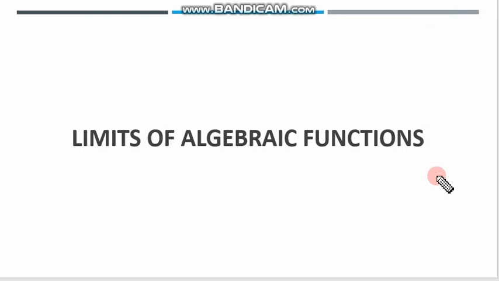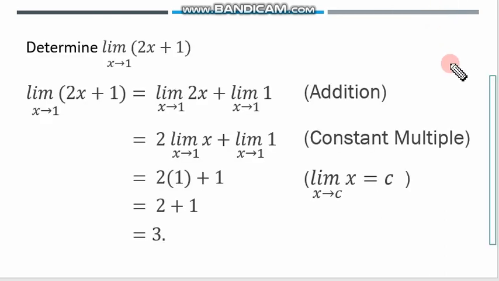Okay, so let's apply limit theorem number 1 to our limits of algebraic functions. For example, the limit of 2x plus 1 as x approaches 1. Using theorem number 1, the addition or subtraction theorem, we will have the separate individual functions for 2x and 1.